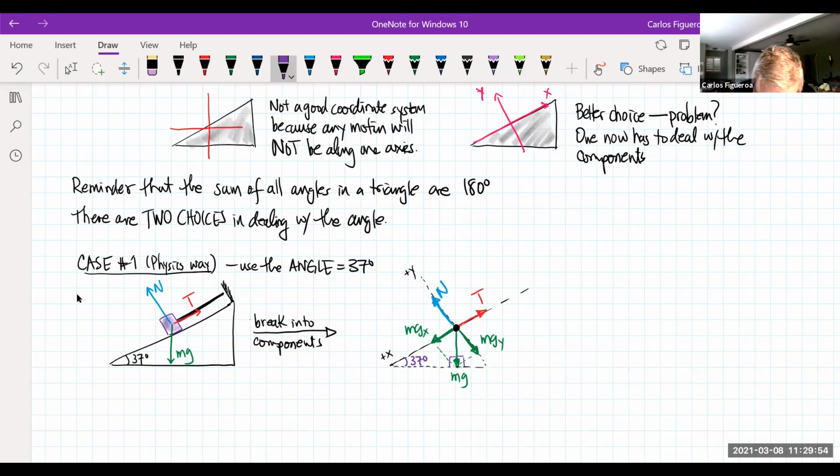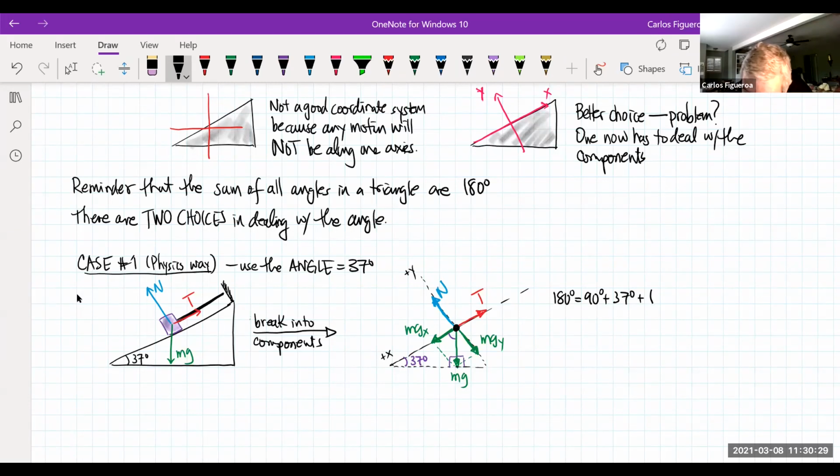So wait a minute, if that's 37 degrees, then the angle along the x direction, this angle right here, must satisfy that the sum of the angles is 180 degrees, which equals 90 plus 37 degrees plus this angle along the x direction.